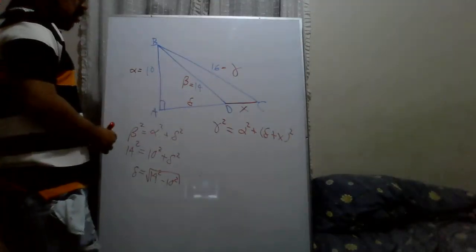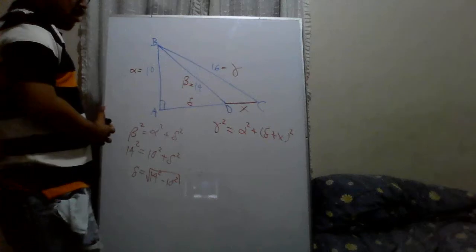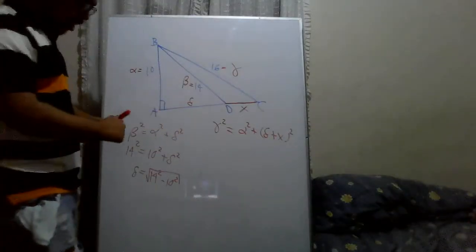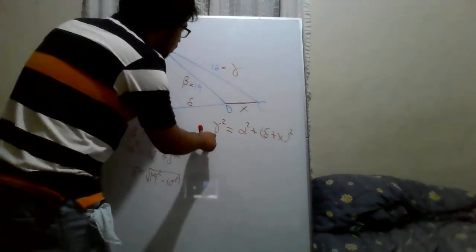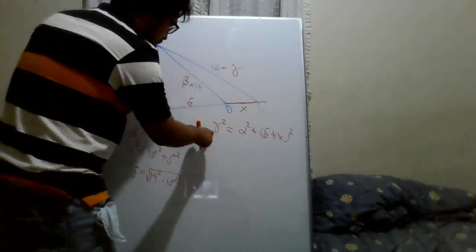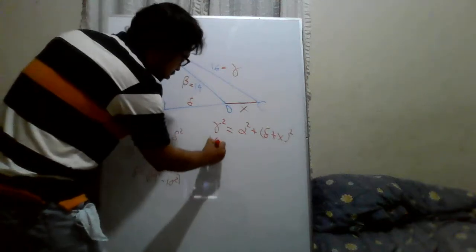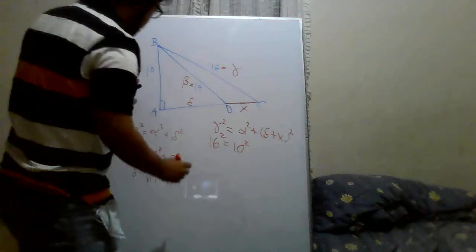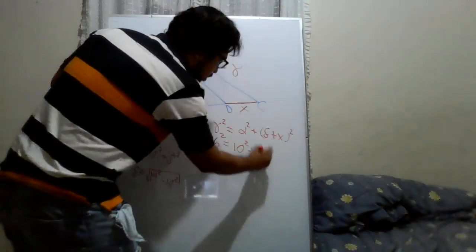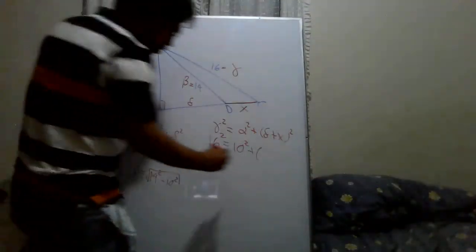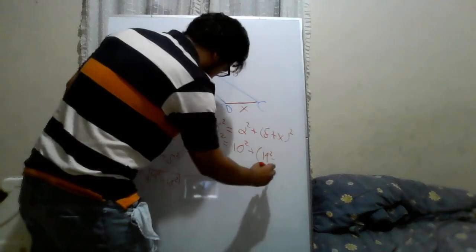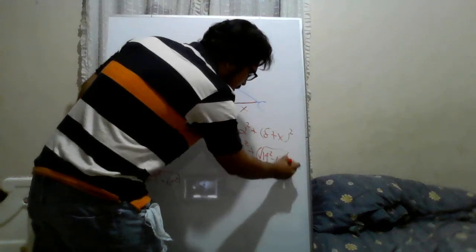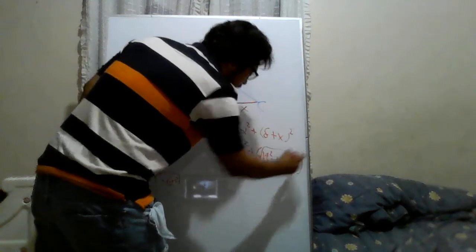So the only thing here is solving this equation for x, and you are done. So let's substitute. Gamma squared is 16 squared, equal to alpha squared, which is 10 squared, plus delta, which is the square root of 14 squared minus 10 squared, plus x, all that squared.